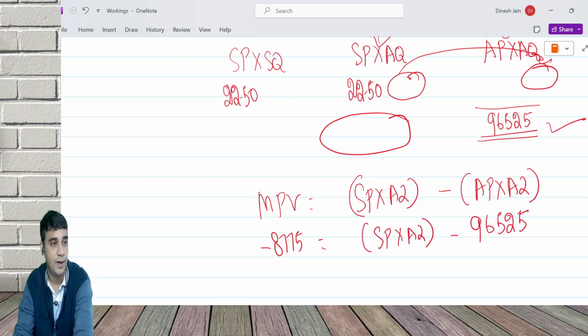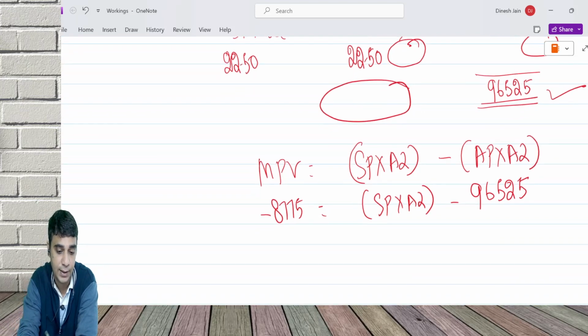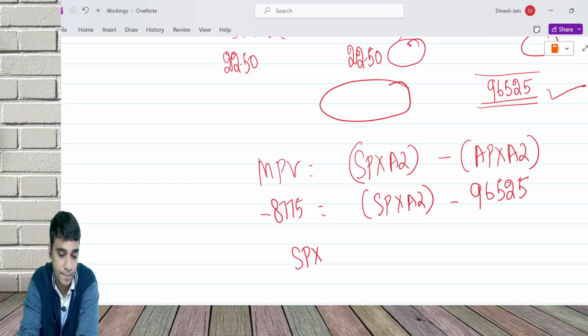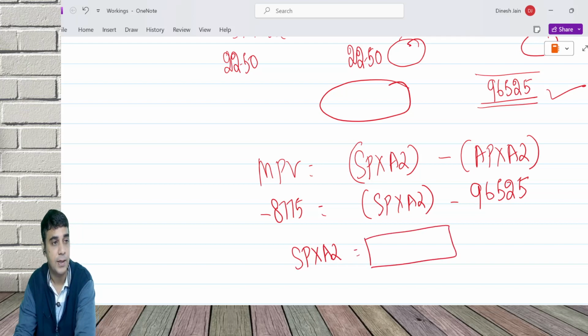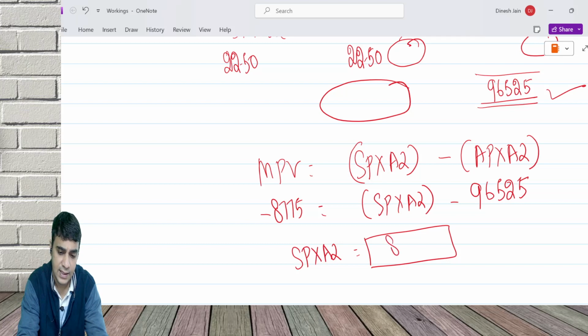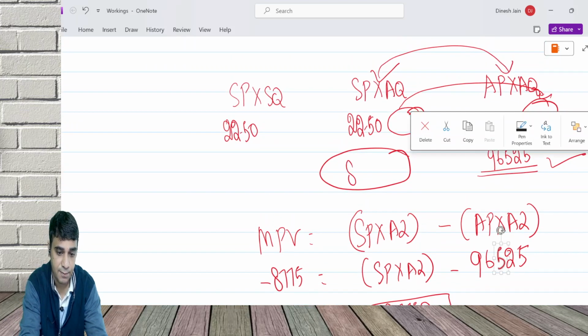Take 96,525 to the other side and tell me what is SP into AQ. SP into AQ is equal to 87,750. Any doubts on 87,750? I write 87,750 in this box.